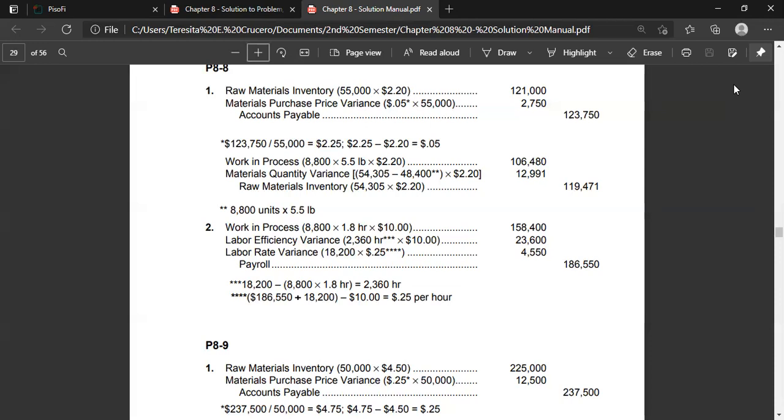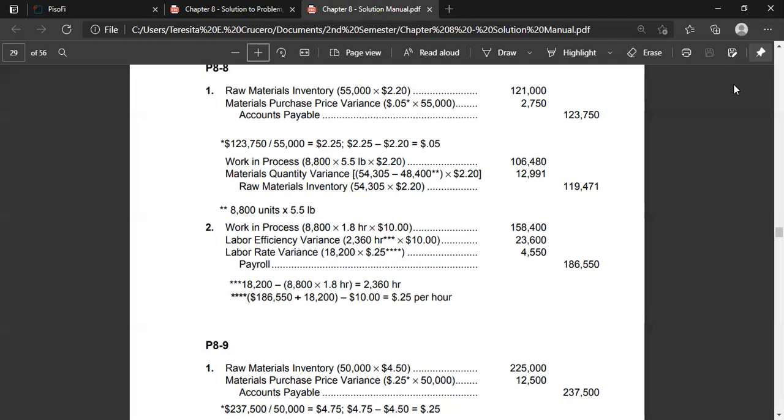For the quantity used is given at 54,305 minus standard of 48,400 taken by multiplying 8,800 units by 5.5 pounds. So you get 12,991 after multiplying it by 2.20, which is the standard price per pound of the materials.